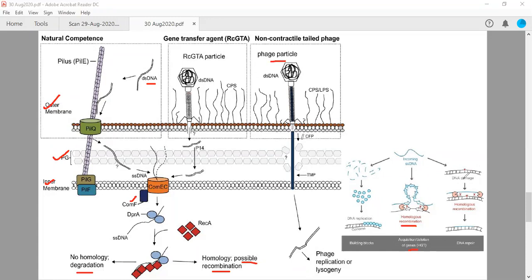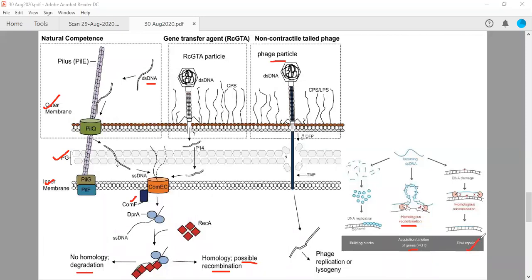And if there is DNA damage, some portion will be cleaved, one strand of the DNA will be cleaved, and in place of that degraded or damaged DNA, the portion which is coming, if it is homologous, will be placed in this particular strand in the double-stranded DNA. So this is a kind of DNA repair method.